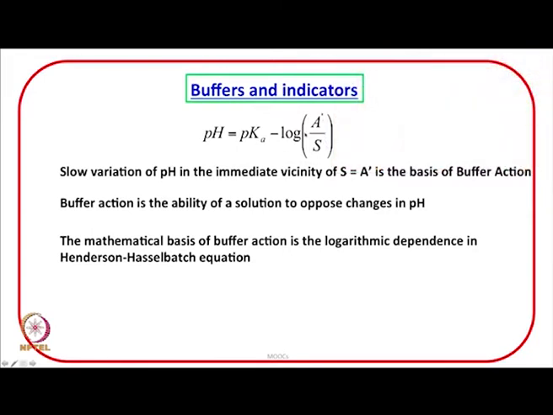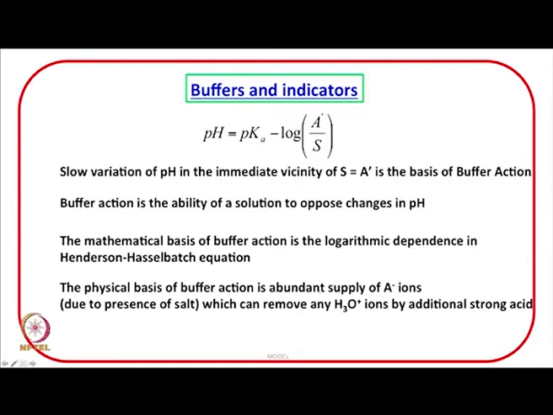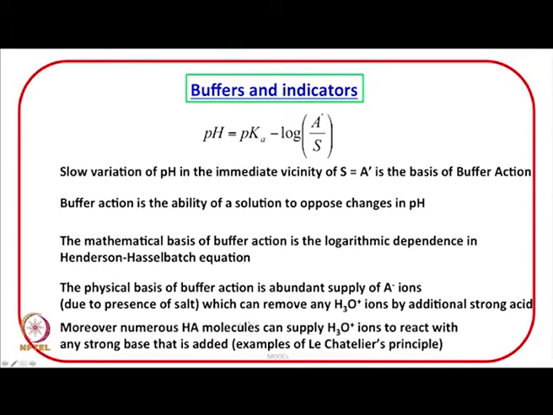The logarithmic dependence is the mathematical basis, whereas the physical basis is the abundant supply of A minus ions, because salt is there and this A minus can remove any hydronium ion added by a strong acid. That is when a small amount of an acid is added, and vice versa, numerous HA molecules can supply H3O plus ions which can react with the strong base that is added. So, both these statements are examples of the application of Le Chatelier's principle.